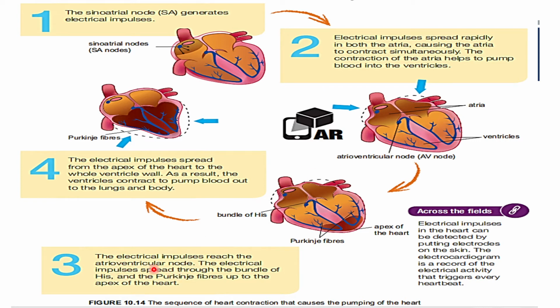So the electrical impulse reaches the atrioventricular node, and spreads through the bundle of His and the Purkinje fiber up to the apex of the heart. The electrical impulse then spreads from the apex of the heart to the whole ventricular wall. As a result, the ventricles will contract, pumping blood out of the heart, going to the lungs and also to the body.